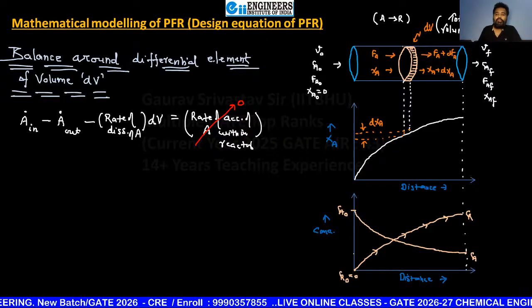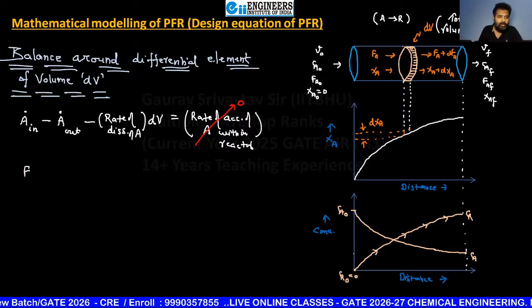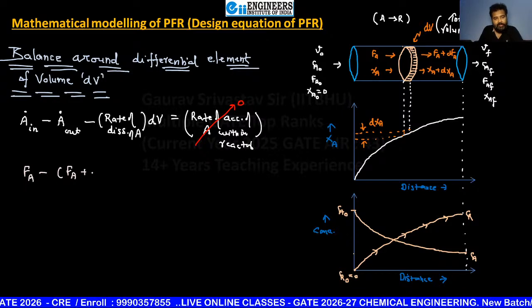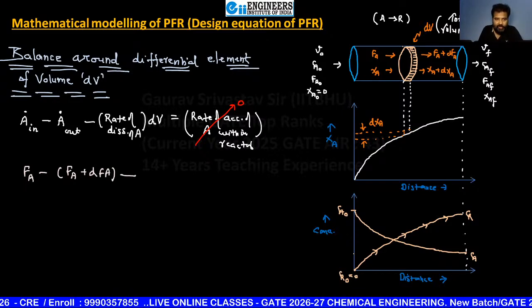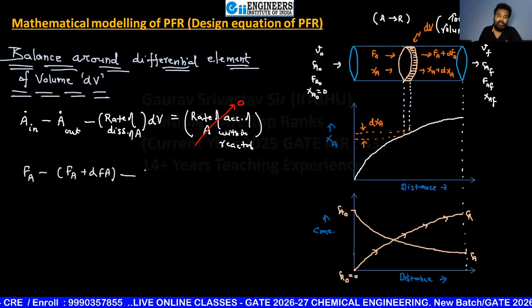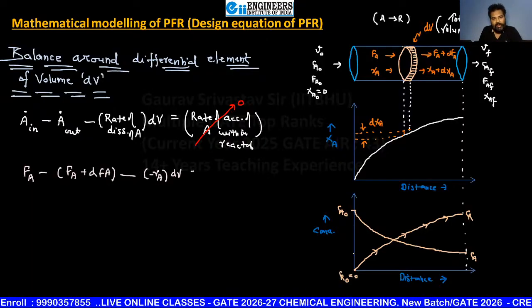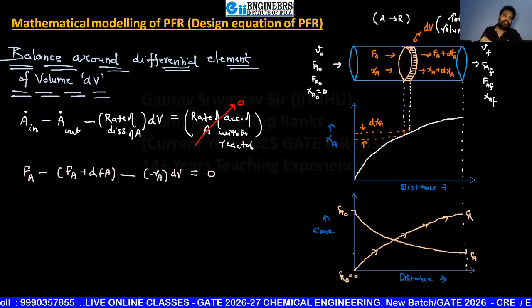Now, what is the value of A in here? It's FA, moles of A. Moles of A exit is FA plus dFA, minus the rate of disappearance of A, it's minus RA into dV, and that becomes equal to 0.